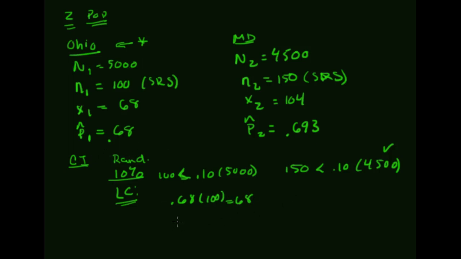Then 1 minus p hat, so 0.32 times 100 gives me 32, which is larger than 10. Then I take 0.693 times the 150, which gives me about 103.95, bigger than 10. And then I'm going to take 1 minus 0.693.